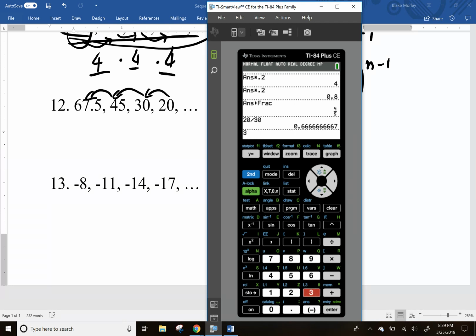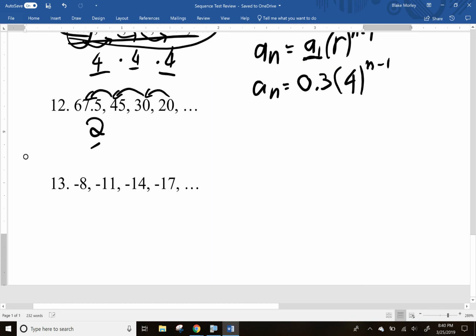And you can take 30 and divide it by its previous term, 45, and you get the same thing, right? And if you do 45 divided by 67.5, you get, again, the same thing, but they're all decimals. So what's the fraction, right? Well, remember, hit math, and you can see you can change it to a fraction. So hit enter on that, and it will change it to a fraction. So 2/3. 2/3 is the number we're multiplying by.